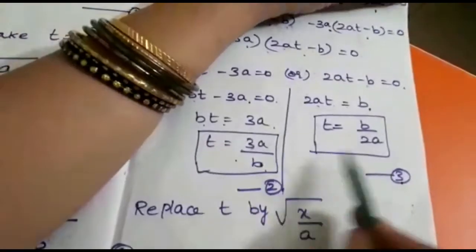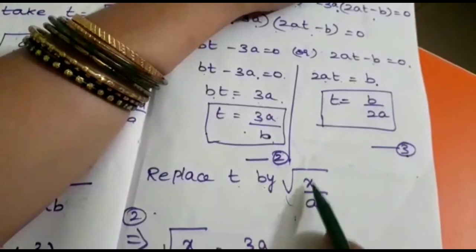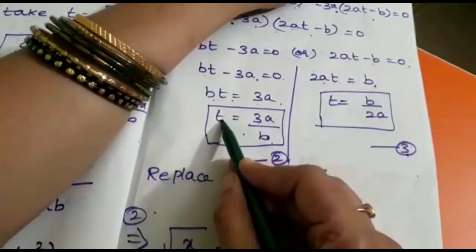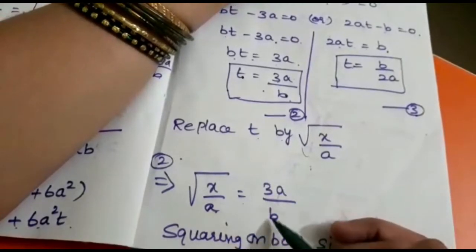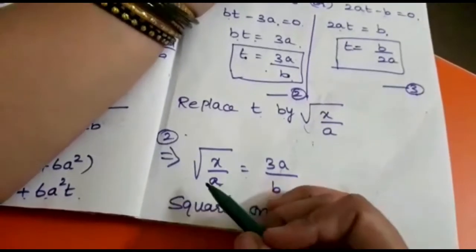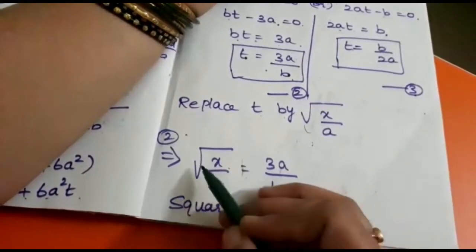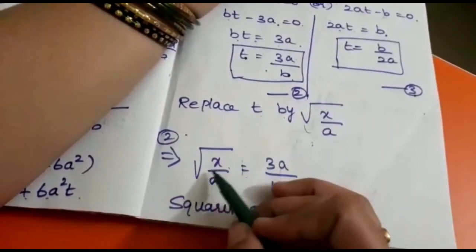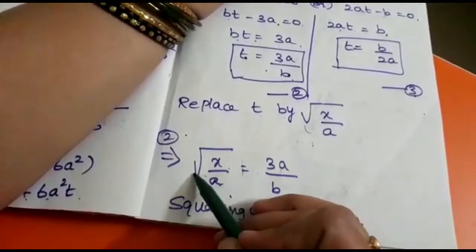So after getting the t answer, I can replace t by square root of x by a. So here in the place of t I can replace: square root of x by a is equal to 3a by b. So I want to find out only the x answer. So I want to square on both sides. If I am squaring on both sides, the square root will get cancelled.